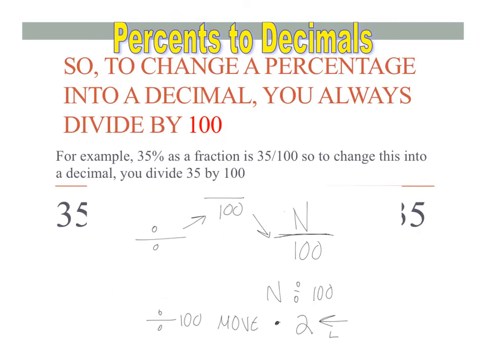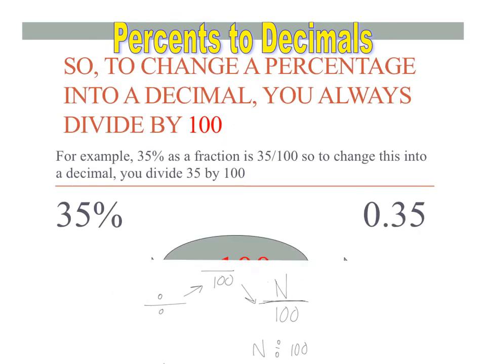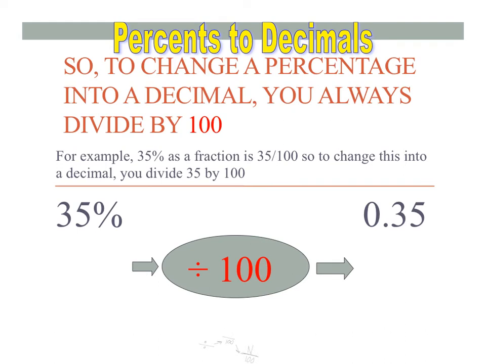I'm going to remember that. 35%, when I divide 35 by 100. It's 35 divided by 100. If I were to write it the long way, you would say 100 goes into 350 3 times, 300, 50 left over, bring down the 0. It goes into 500 exactly 5, and notice now you have 0.35.